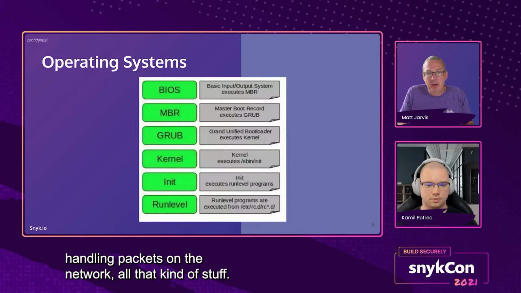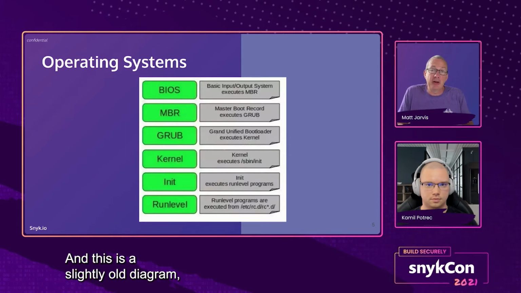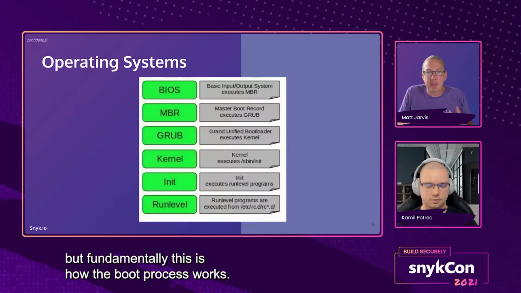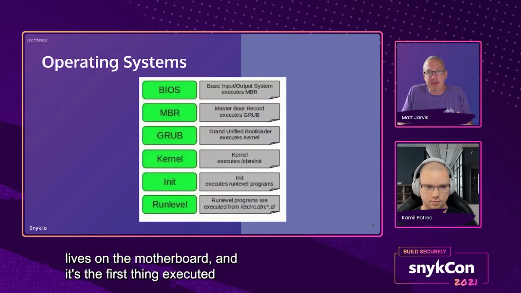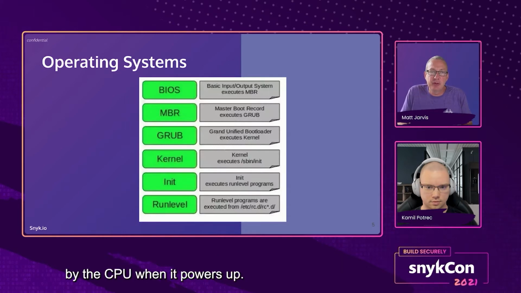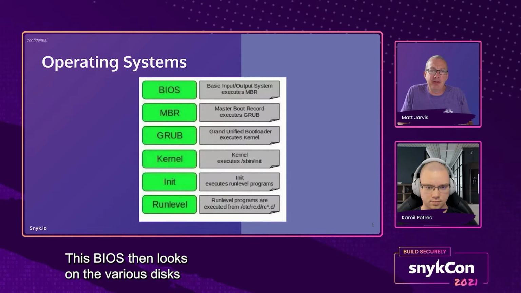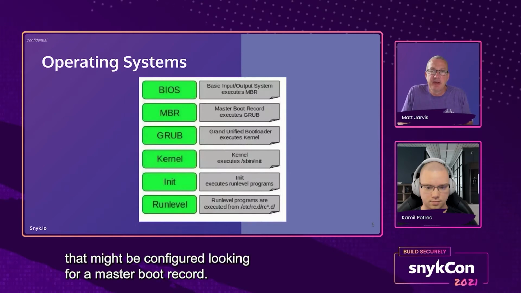This is a slightly old diagram, but fundamentally this is how the boot process works. So we have the BIOS. This is firmware, lives on the motherboard, and it's the first thing executed by the CPU when it powers up. This BIOS then looks on the various disks that might be configured, looking for a master boot record.